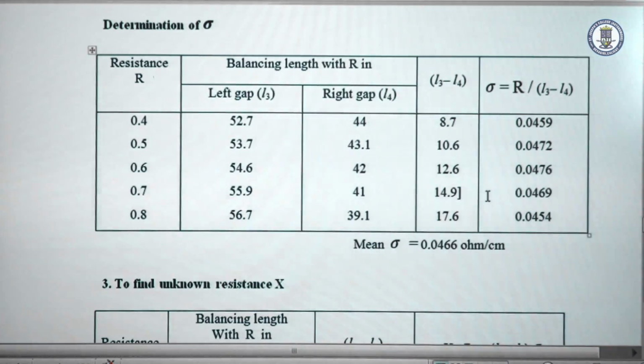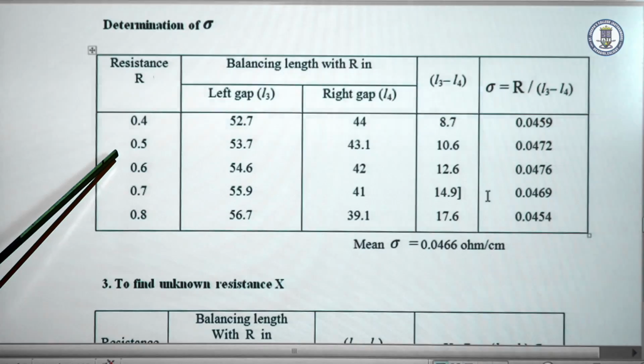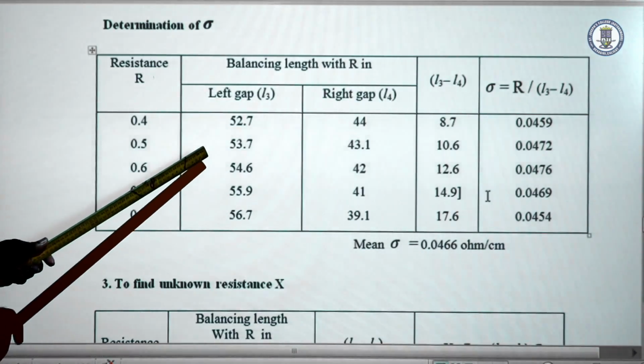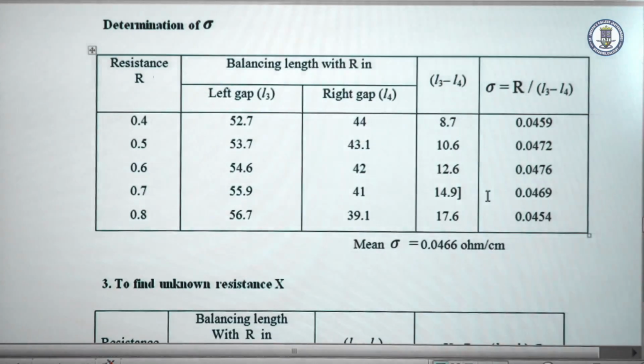We repeated the experiment taking fractional resistances 0.5, 0.6, 0.7 and 0.8, and each time we obtained the readings L3 and the corresponding L4. When it is interchanged, the difference is calculated and sigma is calculated each time, and we obtain the mean value of sigma as 0.0466 ohm per centimeter.